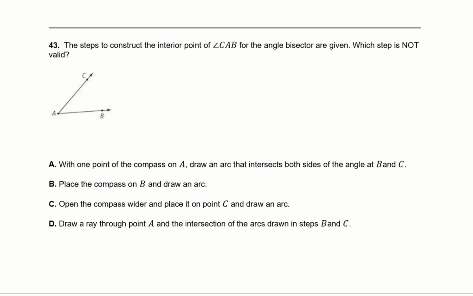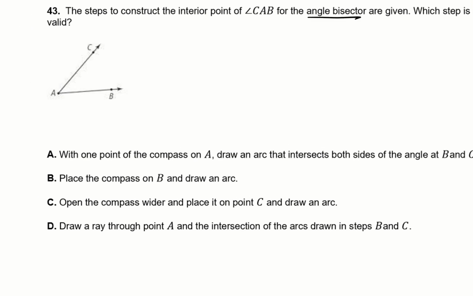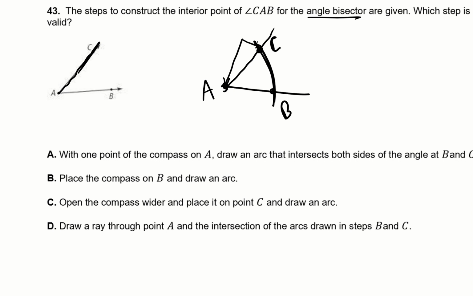The steps to construct the interior point of angle CAB for the angle bisector are given. Which step is not valid? Okay, so if we want to do an angle bisector, here are the steps. You're going to have an angle. So let's say we have angle A. Now you're going to use a compass to put a point on A and then use the pencil end of the compass to construct an arc along this angle. And then you label those, for example, C and B. That's the first step.